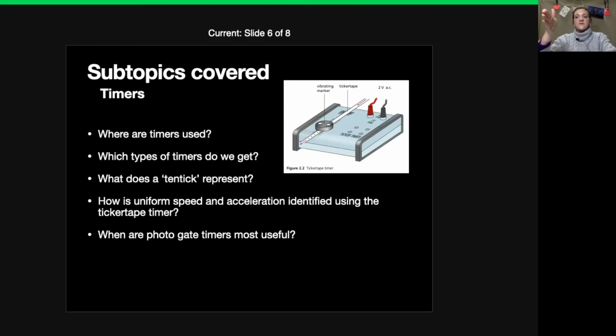So if you need a very accurate measurement of the speed at which something goes through the finish line to measure the speed or the velocity of the object over that distance, then you will use a photo gate timer to make sure that you get the most accurate reading for when the connection of the gate is broken.